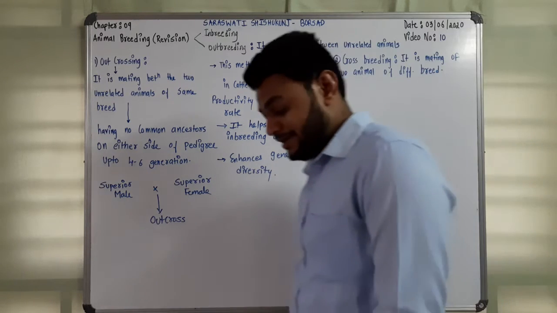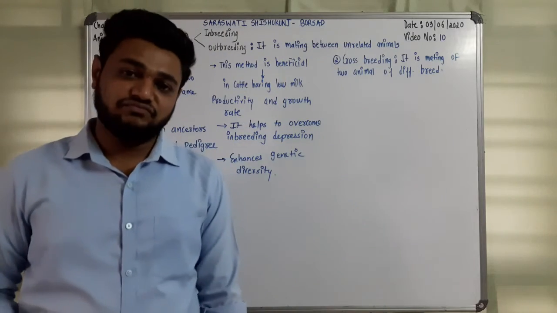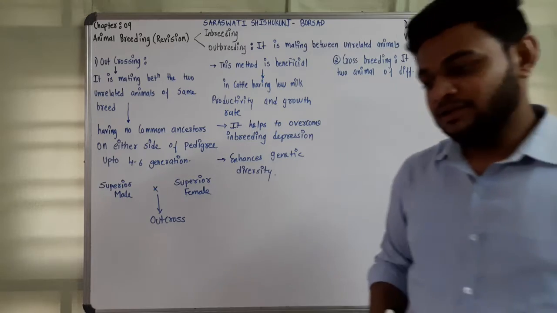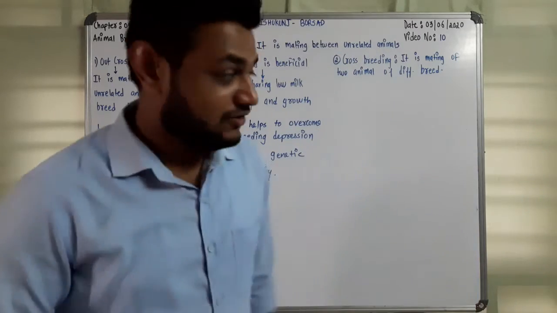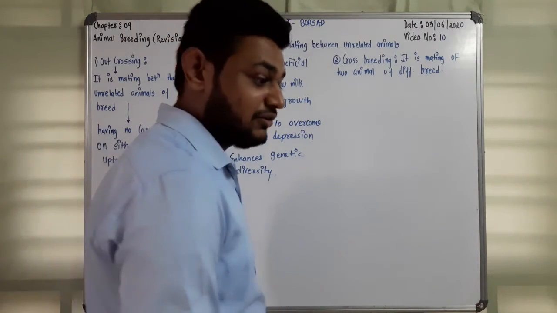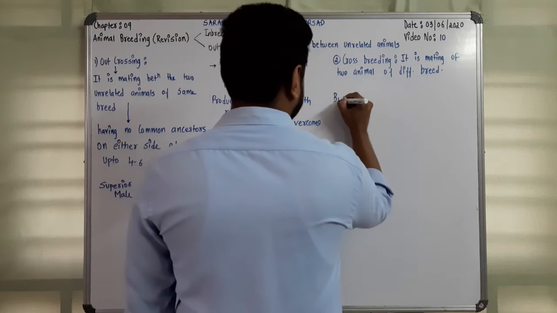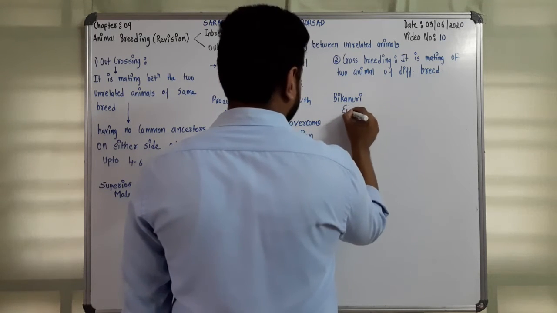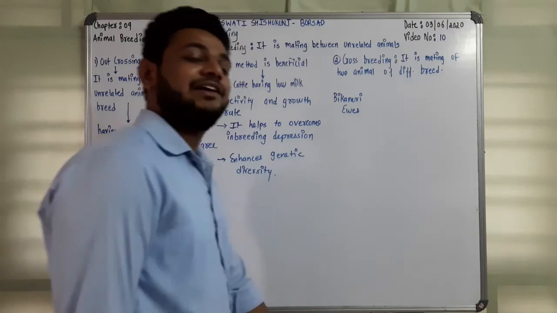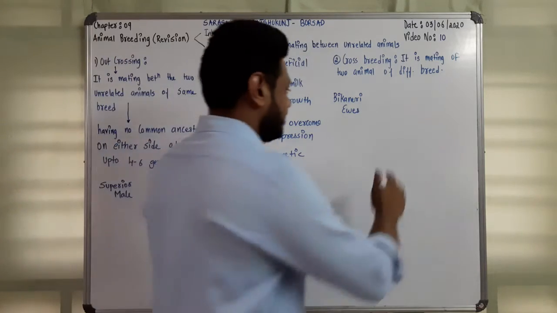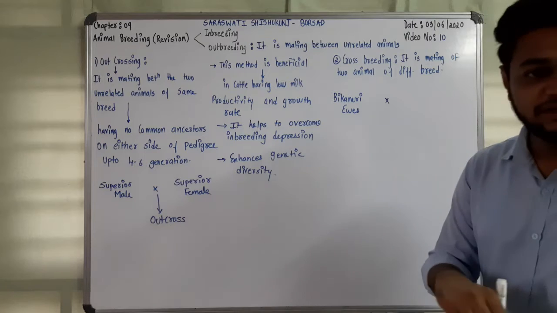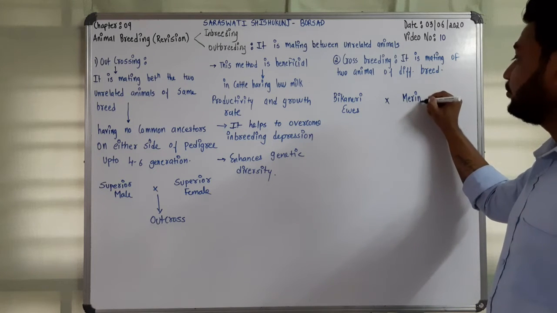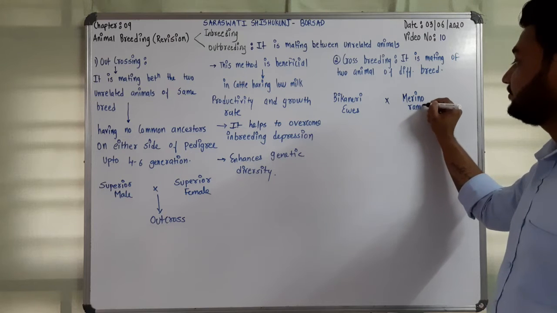Let's say a superior male and superior female of different breeds are selected. Let me take the example of Bikaneri ewes, sheep. Bikaneri ewes are crossed with Merino rams. Both are different breeds, both are sheep.